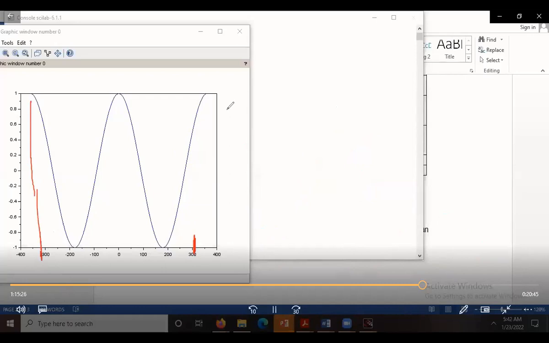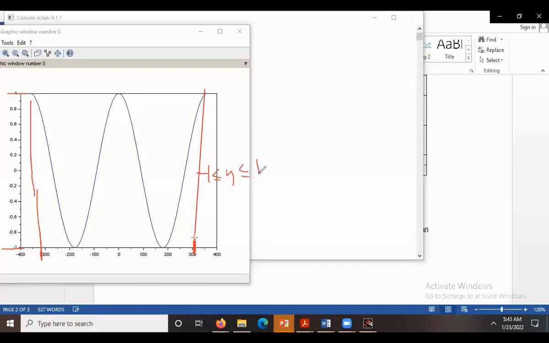So the range of the cos and sine trig functions is always in between what? Negative 1 is less than or equal to y is less than or equal to positive 1. So the function is always in between -1 and +1 for the range of values.